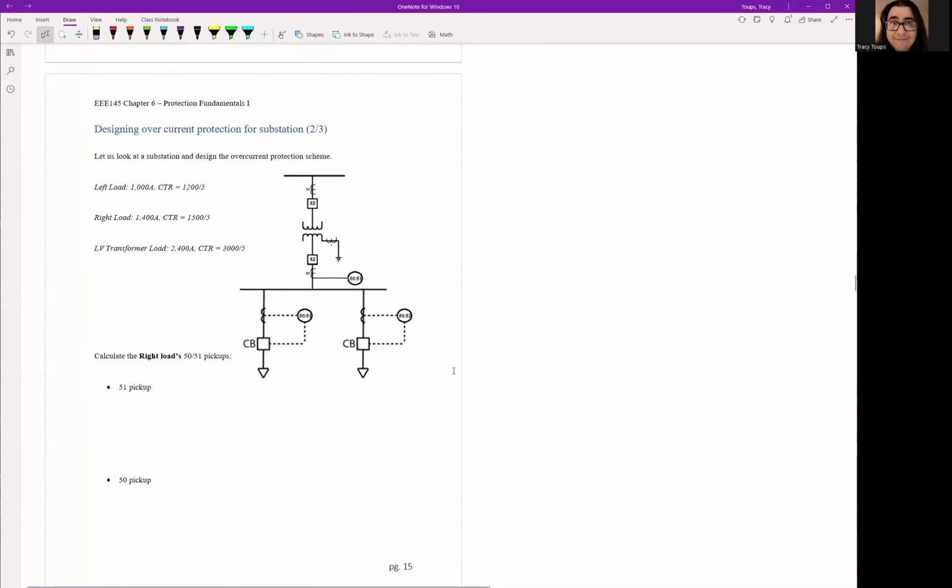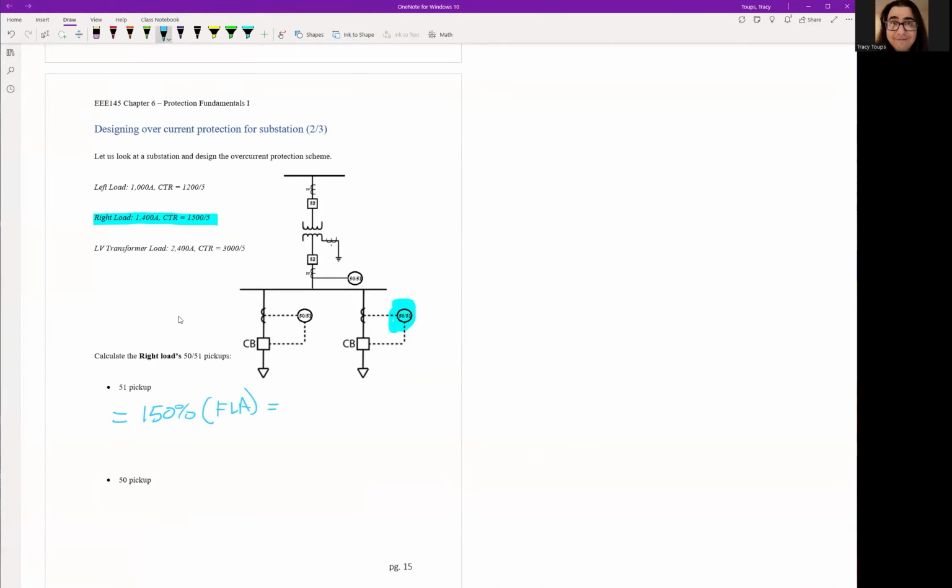So let's go ahead and do it on the right side. The right-hand load is a little bit higher, so it's 1400 amps. So again, we're going to do this relay right here. Same process all over again, probably go a little bit faster. So here, 51 pickup, again, 150% full load amps.